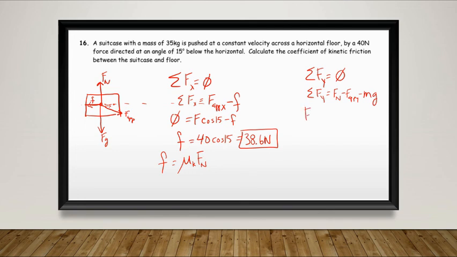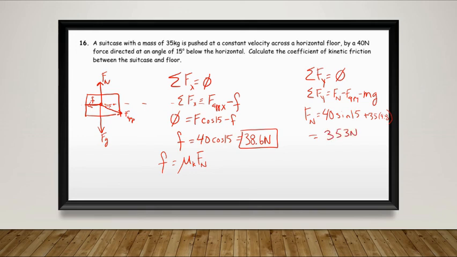So the normal force is equal to 40 newtons sine 15 plus mass, which is 35, times gravity, which is 9.8.